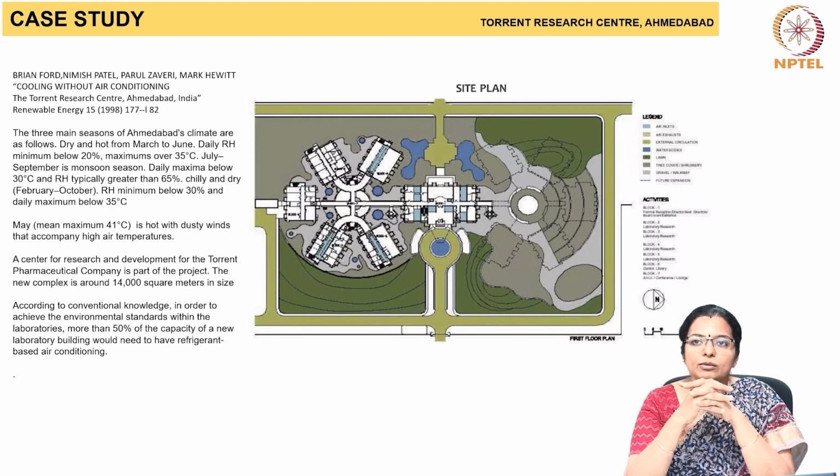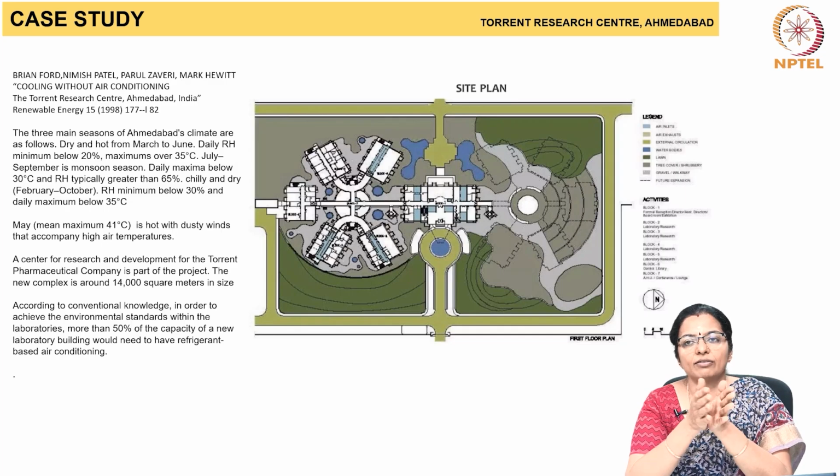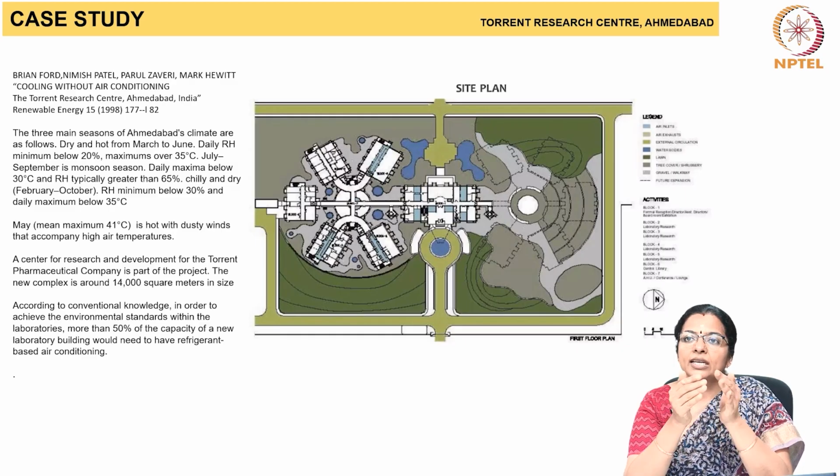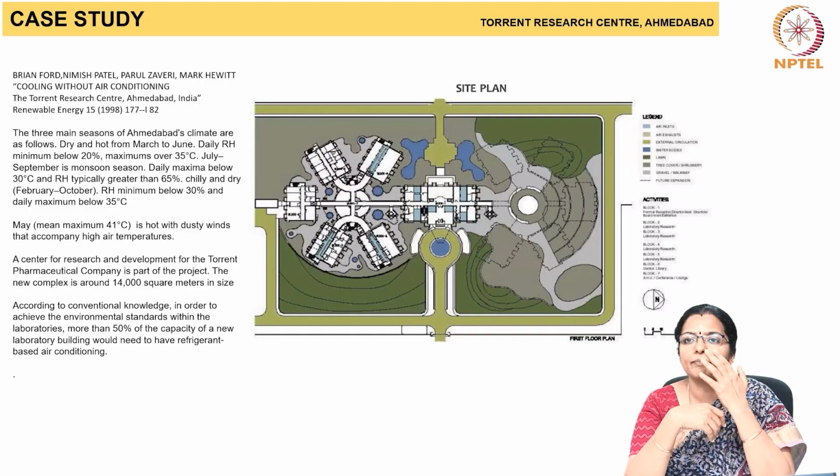The daily maximum temperature is 30 degrees centigrade and the relative humidity is typically more than 65%. During February to October, it becomes very cold and dry, chill and dry. The relative humidity is below 30% and the maximum daily temperature is also below 35 degrees.